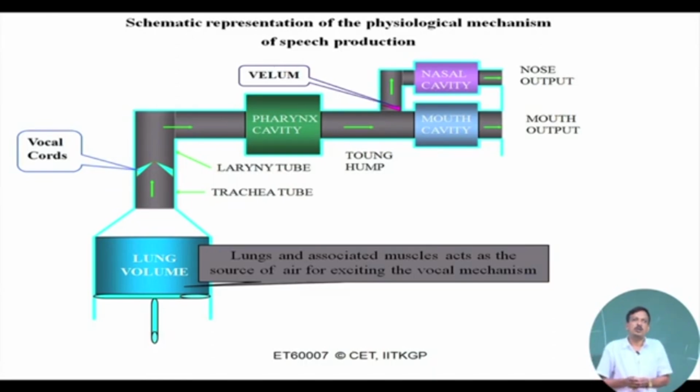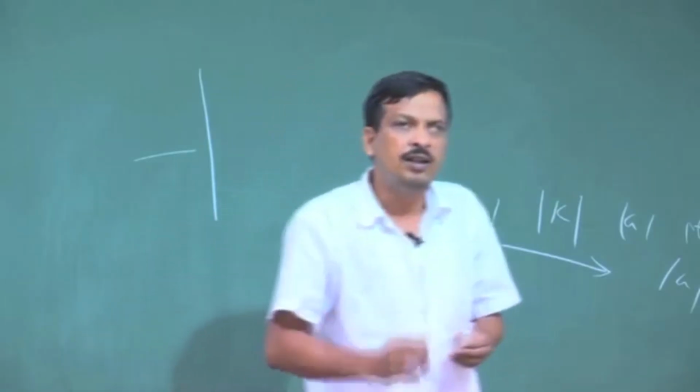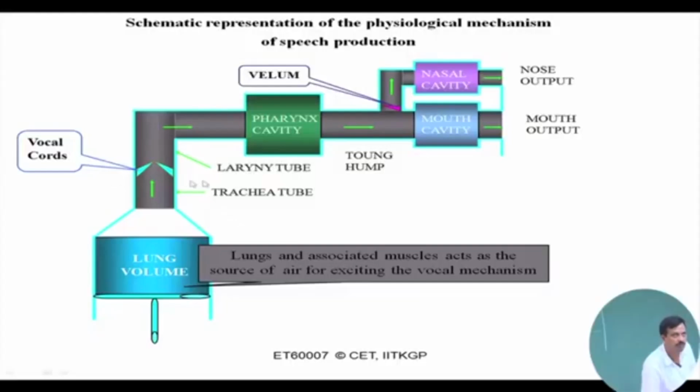Okay. So, I can say the human speech production system has two parts. One is the source. Here the source of sound is the vocal cords, okay, and the lungs only provide the pressure.